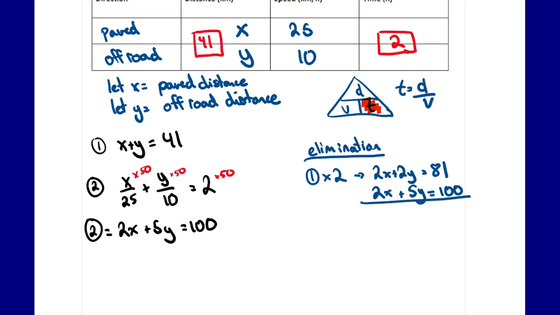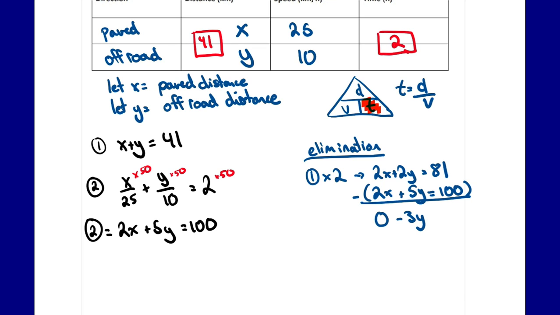Because they're the same sign, I'm going to subtract. I'm going to put brackets around the bottom term so I remember to subtract everything. 2x minus 2x is 0. 2y minus 5y is negative 3y.